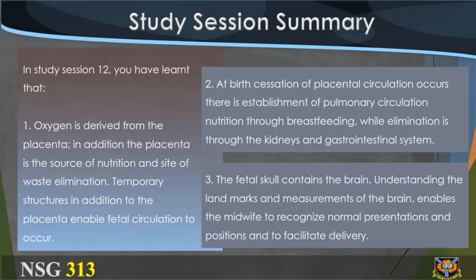At birth, cessation of placental circulation occurs. There is establishment of pulmonary circulation, nutrition through breastfeeding, while elimination is through the kidneys and gastrointestinal system.